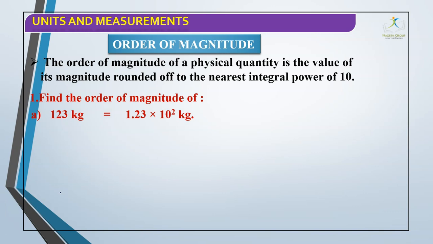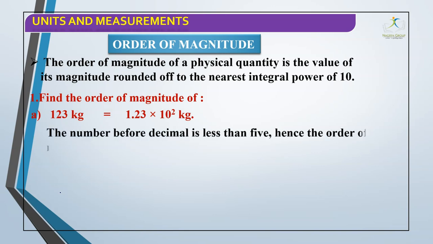So what is the meaning of that? If the value is very expandable in form, and we want to write it in a short way, we use this order of magnitude term. The number before the decimal is less than 5, hence the order of magnitude is 10 to the power 2 kg.